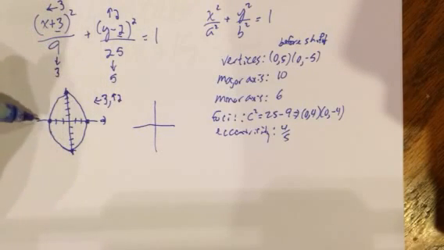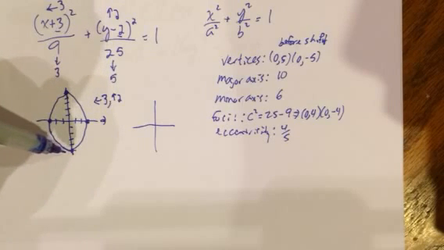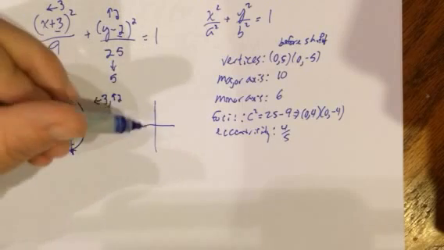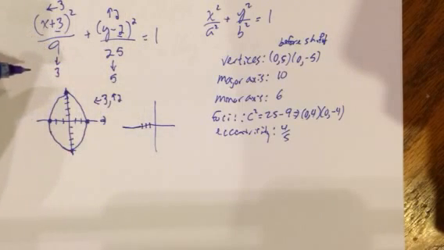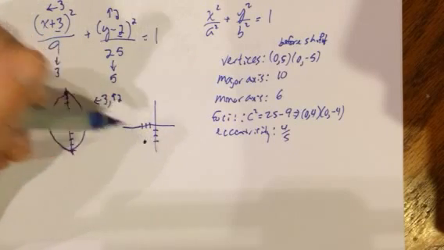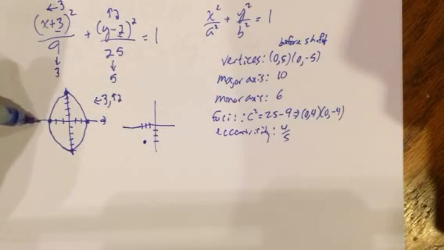So let's see what happens. I'll start with my bottommost point. If I move my bottommost point left 3, then it's not going to be at 0 anymore. It's going to be at -3. And if I move it up 2, it's not going to be at -5 anymore. It's going to be at -3. Okay, I'll take my 2 side points, so this won't be at 3, 0 anymore.